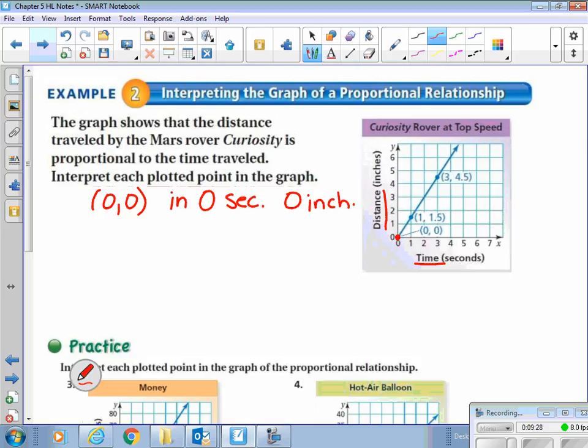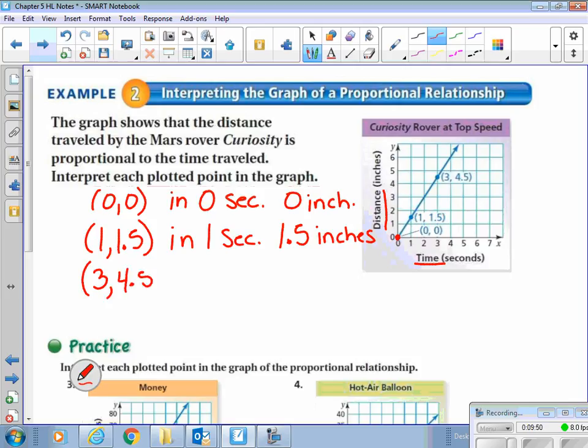The next one, 1 and 1 and 5 tenths, means that in 1 second, the Mars rover traveled 1 and 5 tenths inches. And the last one, 3 and 4 and 5 tenths, would simply mean that in 3 seconds, the Mars rover traveled 4 and 5 tenths inches.